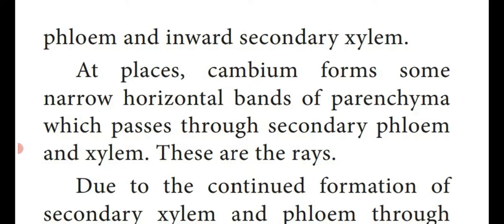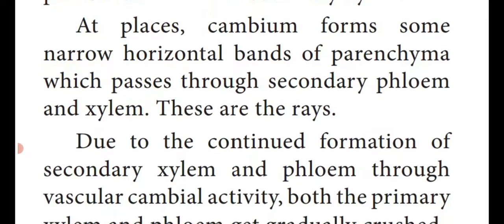That means a horizontal band, what does that mean? It means crosswise. Okay, horizontal band of parenchyma, widthwise parenchyma, which passes through the secondary phloem and xylem. These are the rays. A horizontal band, that is said to be the ray initial.